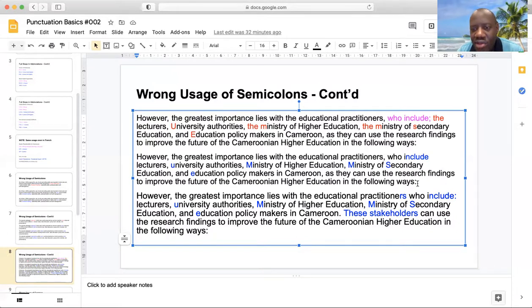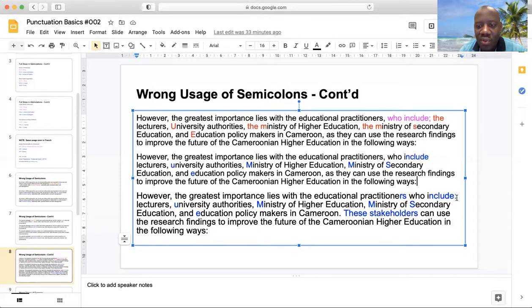And then you see, in the following ways, and actually this one was correctly used because it's introducing a list of the ways that these people can use the findings to improve things. And then now the second possibility will be the same, okay, but this time around, after practitioners I have removed the comma, who include, and then after include here, I've put a colon, because the correct way to introduce this list would be with a colon.